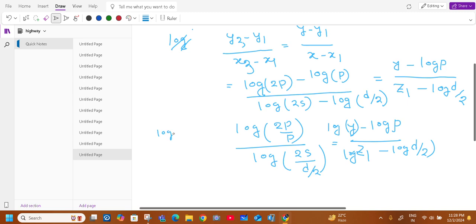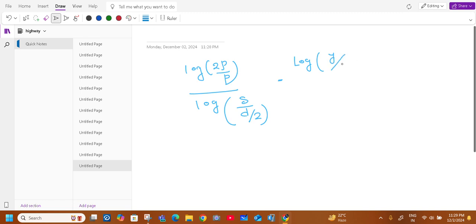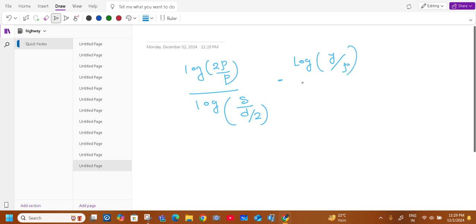So log p, log 2p by p divided by log 2s divided by d by 2 equal to log y by p divided by log z1 by d by 2.